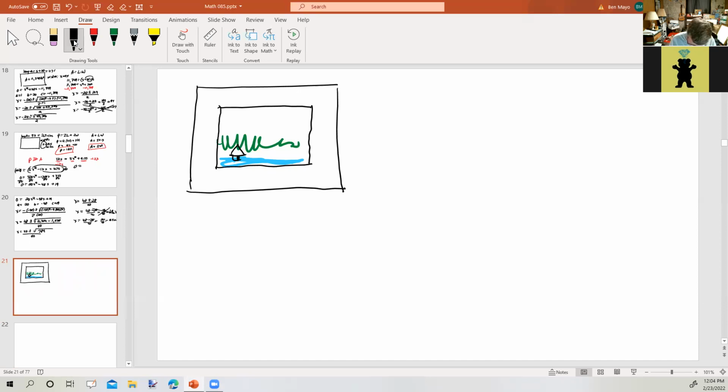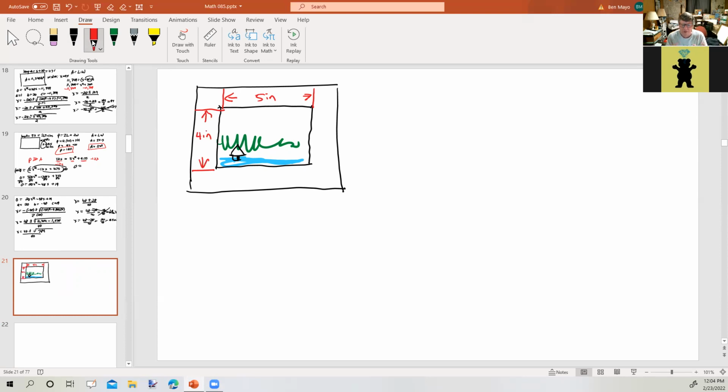All right, what do we know? We know that the matting around it is of uniform width. We also are told that this distance from here to here is 5 inches. And this distance from here to here is 4 inches.